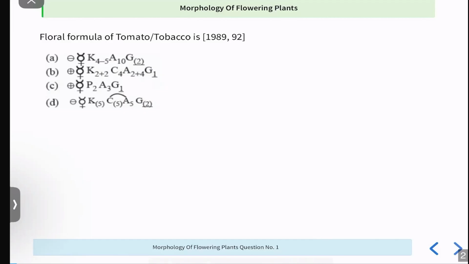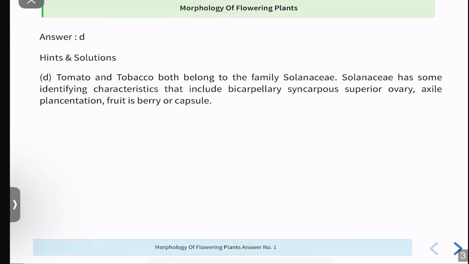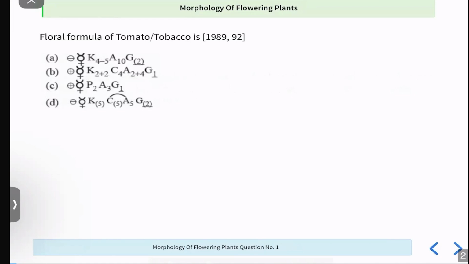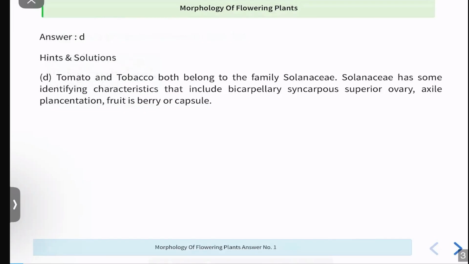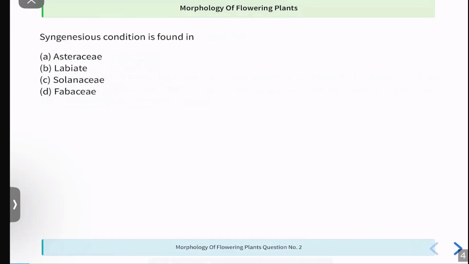The second hint says bicarpellary ovary, axial placentation. That points to option D. So it is a bisexual plant, axial placentation, syncarpous, superior ovary. So our answer is D.